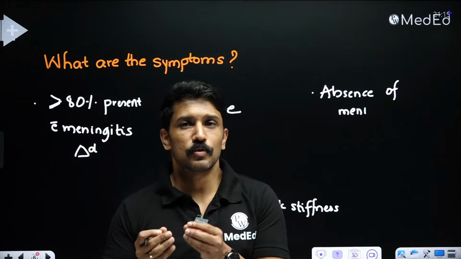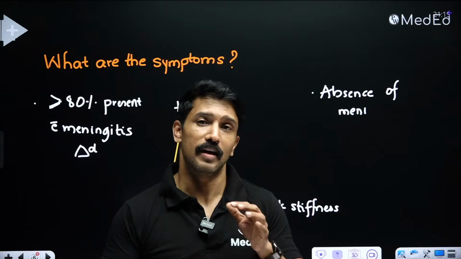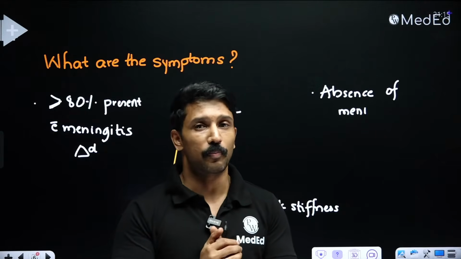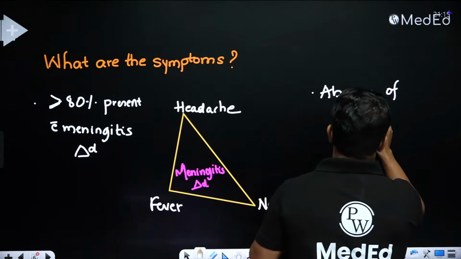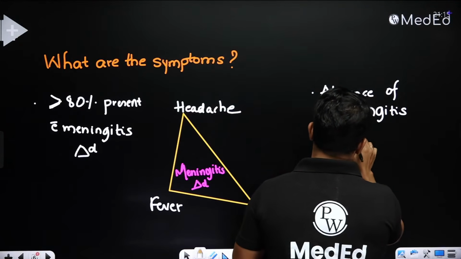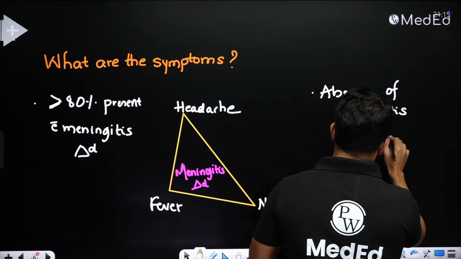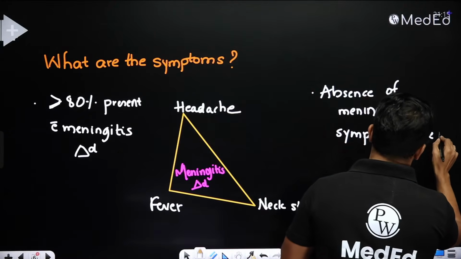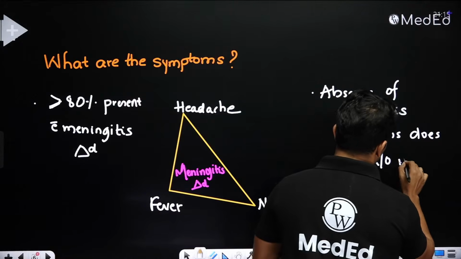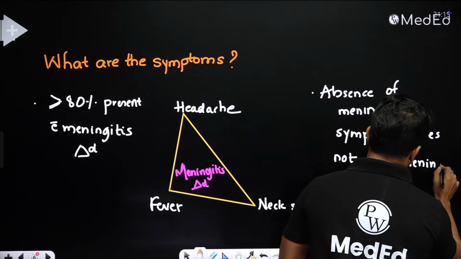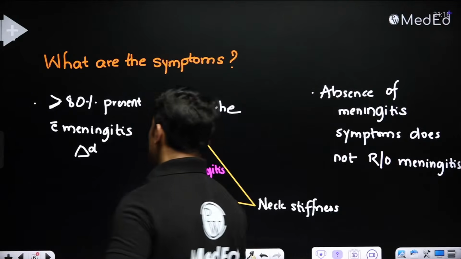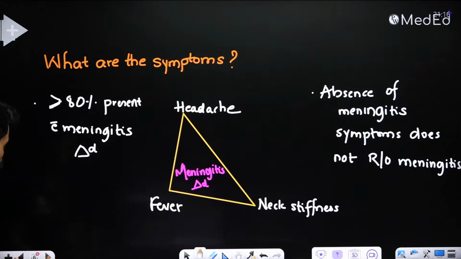Many a time, to diagnose meningitis, we need to have a very high index of suspicion, investigate with a lumbar puncture, and then you will be able to pick it up. If symptoms are there, the case is unfolding itself in front of you, but if they are absent, it does not rule it out. Okay.